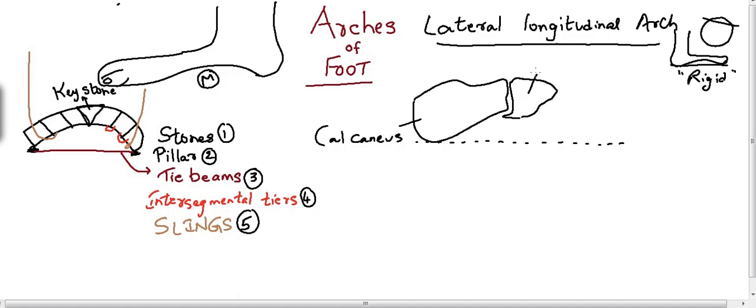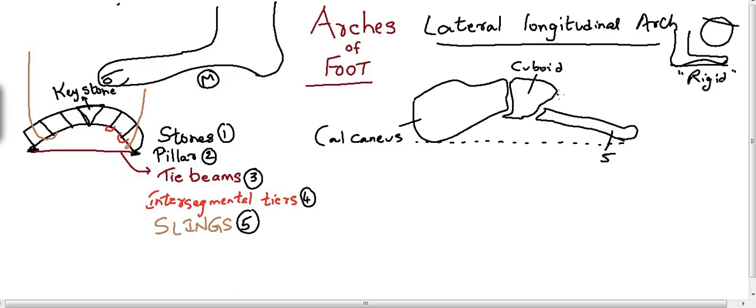It is called a cuboid because roughly it's cubical in shape, cube-like. Next, we have the tiniest bone on the lateral aspect, next to the little toe. This bone is the fifth metatarsal.